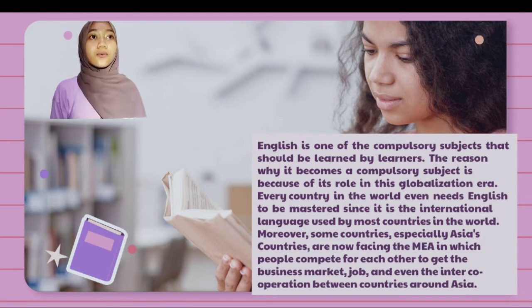Every country in the world needs English to be mastered since it is the international language used by most countries in the world. Moreover, some countries, especially Asian countries, are now facing the MEA, in which people compete for each other to get the business market and jobs, and also the inter-cooperation between countries around Asia.